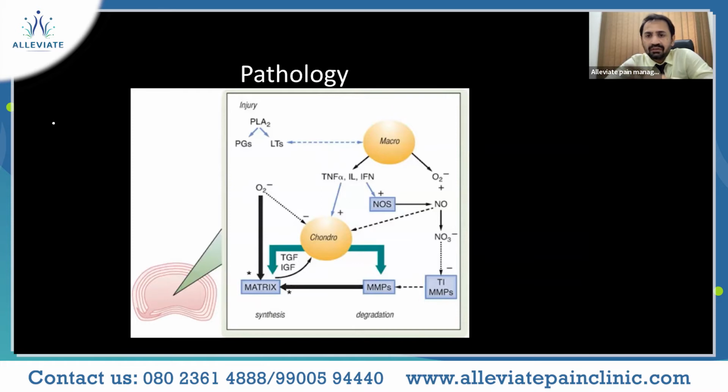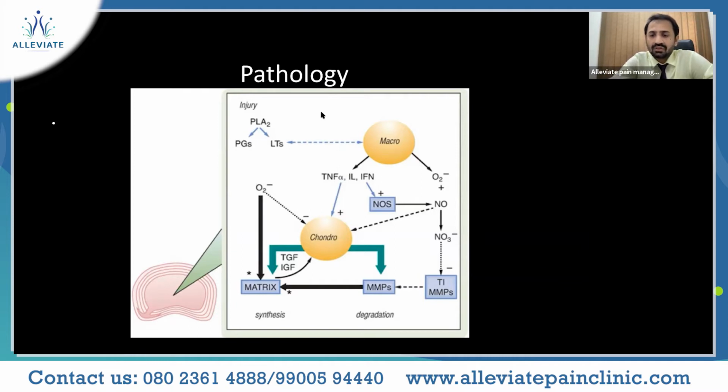So what happens is when macrophages are activated, interferon is also secreted, and in that your nitric oxide synthase synthesizes nitric oxide. It combines with your superoxide, which is again produced by your macrophages, and that again inhibits your tissue inhibitors. So further degradation will be there.